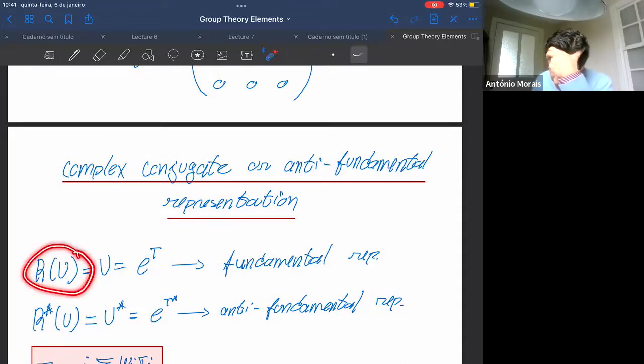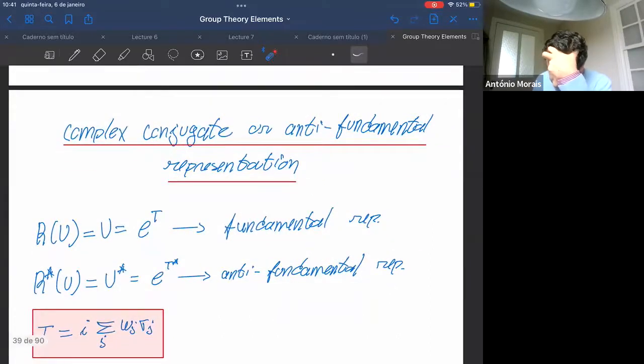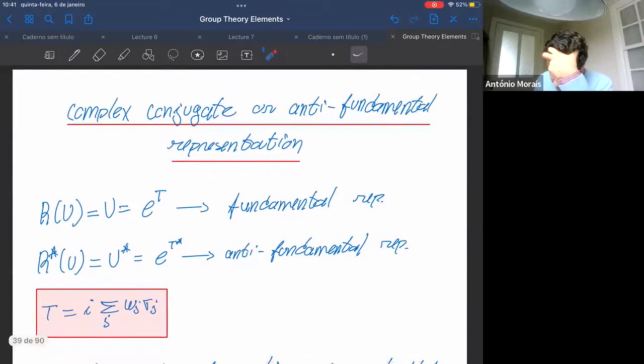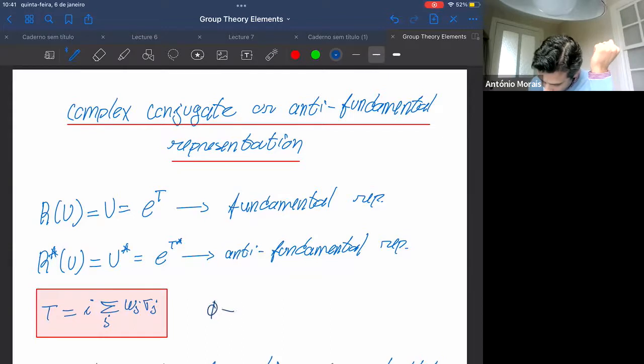But here, you have the fundamental representation, which we can rewrite in this way: e to the power of i t in this simplified notation, where t gathers together the Pauli matrices and some omega_ij, where these omegas are... This is equivalent to when we had previously done the transformation of a field, phi goes to phi prime equal to e to the i e alpha.